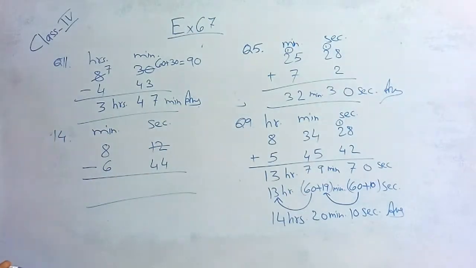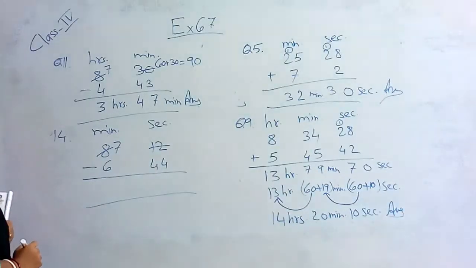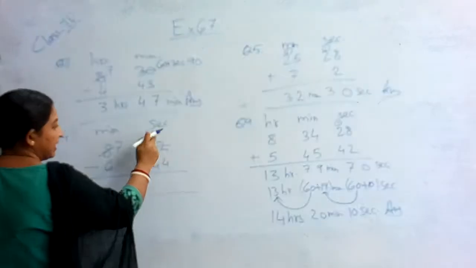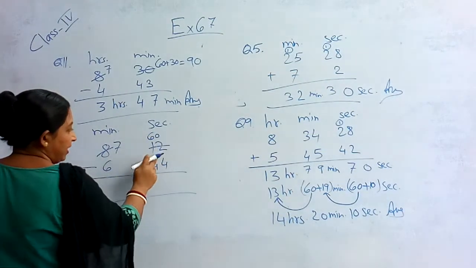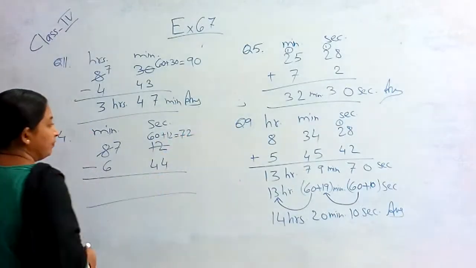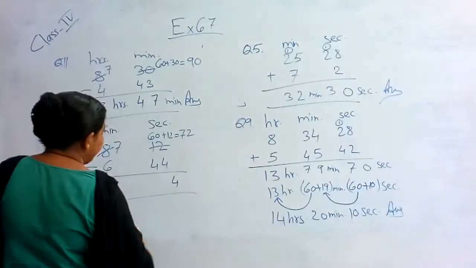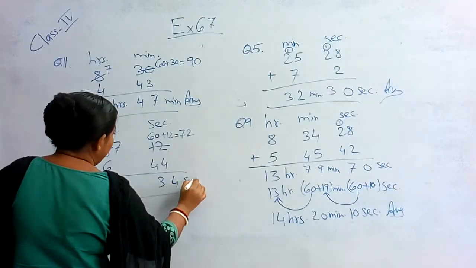So you have to take it from the minutes. So this 8 minutes will become 7, and 1 minute when it goes in place of seconds will be 60, and 12 is already there, so plus 12, that means 72. So 72 minus 44.